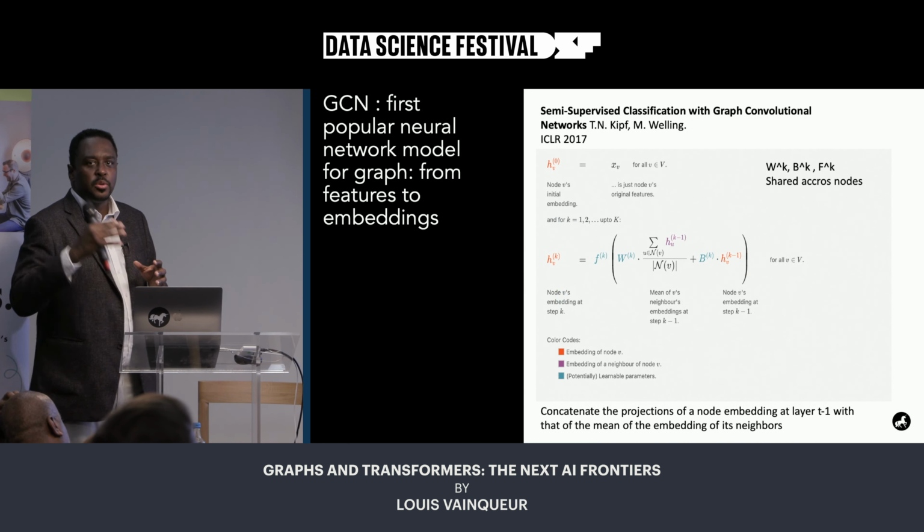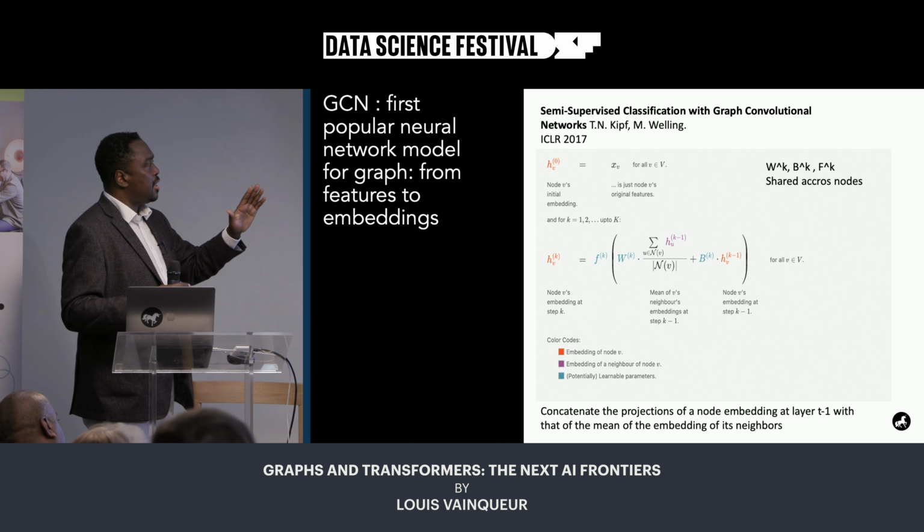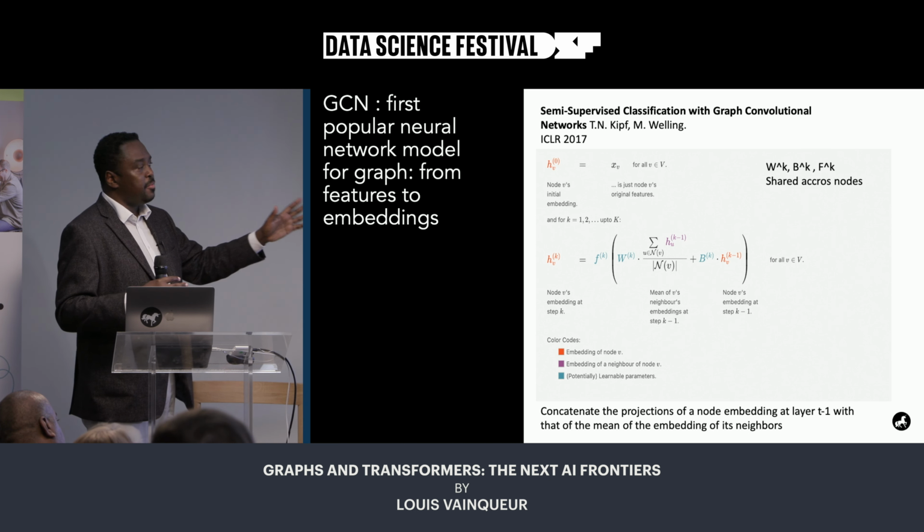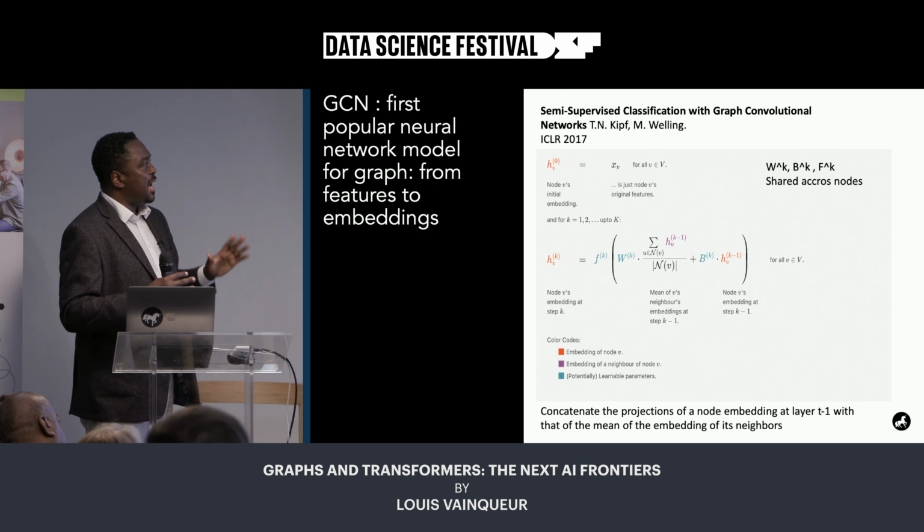Here we are looking at layer K, so we take the representation found at layer K-1. We multiply it by a matrix that stays the same for every node. And then we add this to a weighted value of the representations of all the nodes that this particular node was connected to.